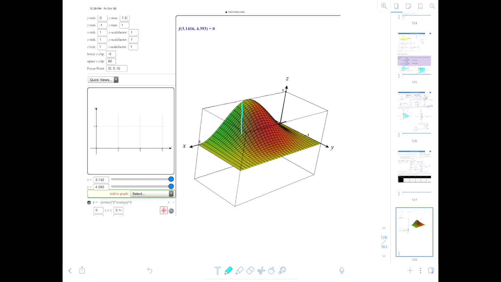Down here you'd have something like this, and so that would be one of your right rectangular prisms, etc. The more of these little prisms that you use, the better approximation you would get for your volume.